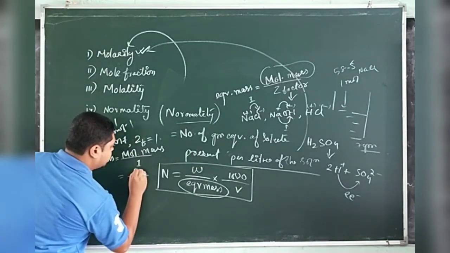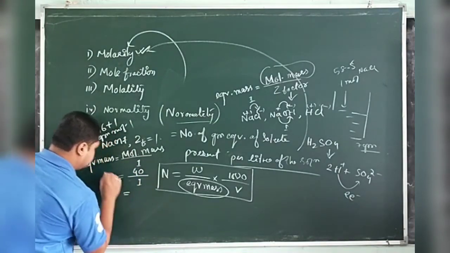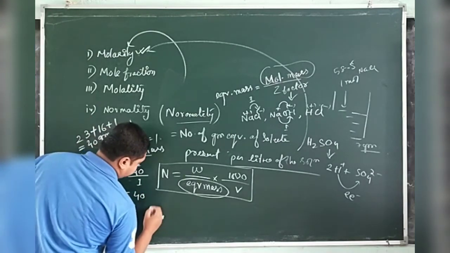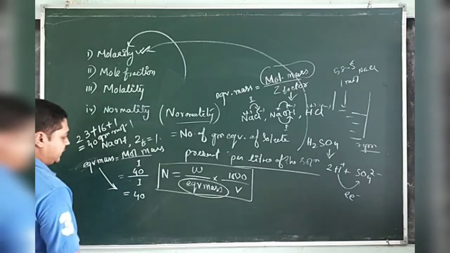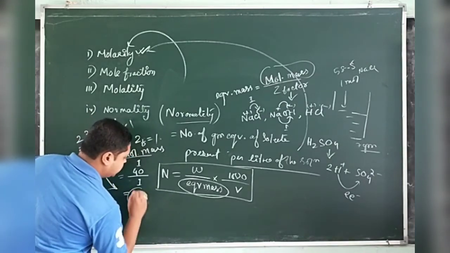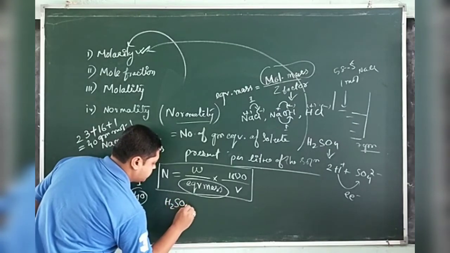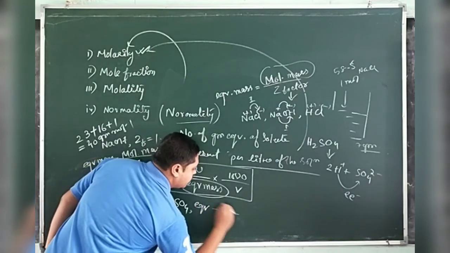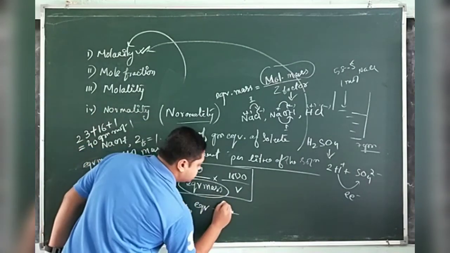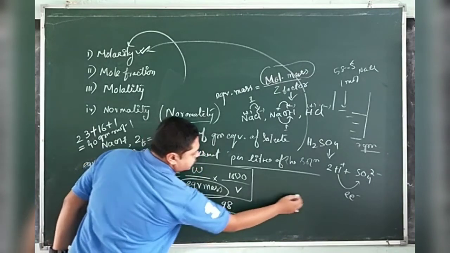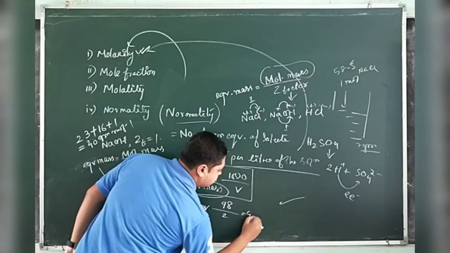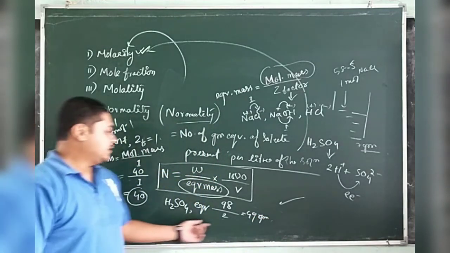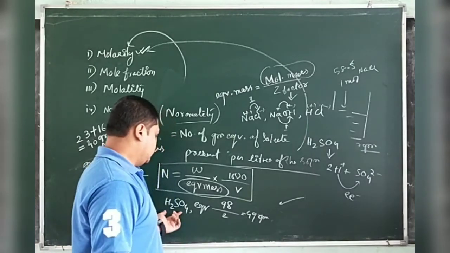So 40 gram per mole divided by Z factor 1. That means the equivalent mass of NaOH is 40. In case of H2SO4, the equivalent mass is mole mass divided by Z factor. Mole mass is 98, Z factor is 2. So 49. This is the equivalent mass of sulfuric acid.